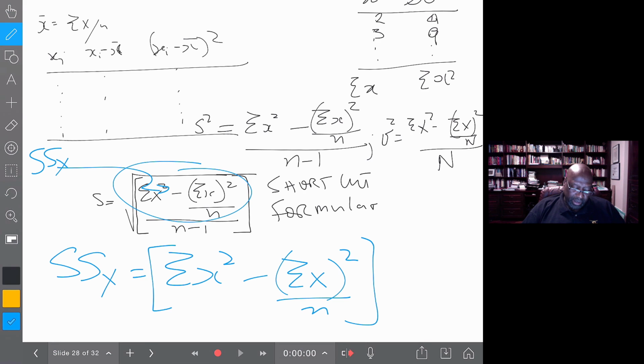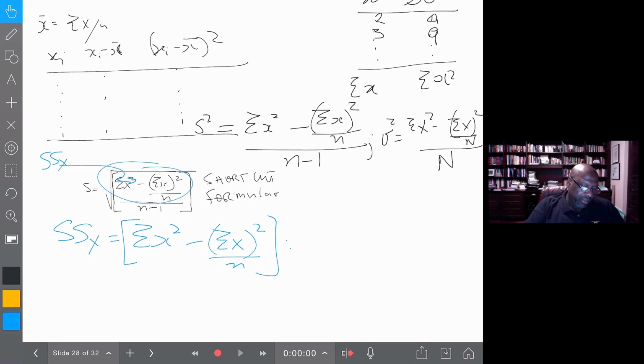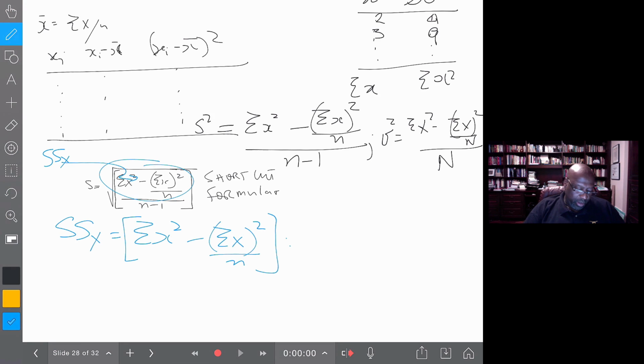So that means that I could write in shorthand the variance, let's start off with variance. S squared is equal to SSX over n minus 1.